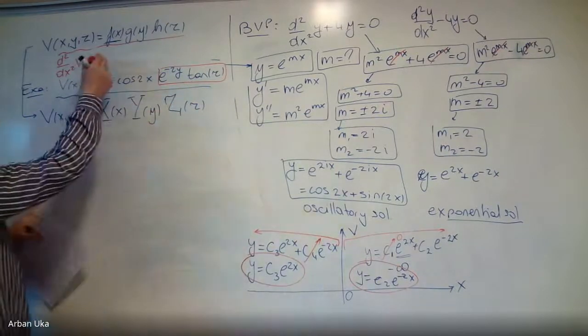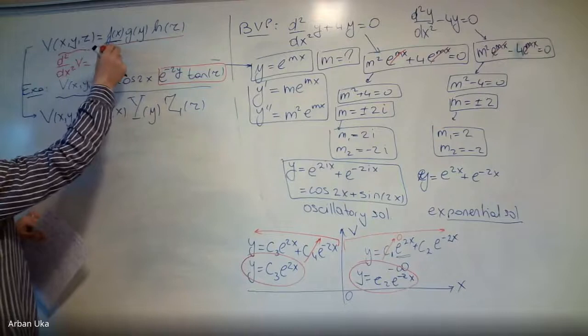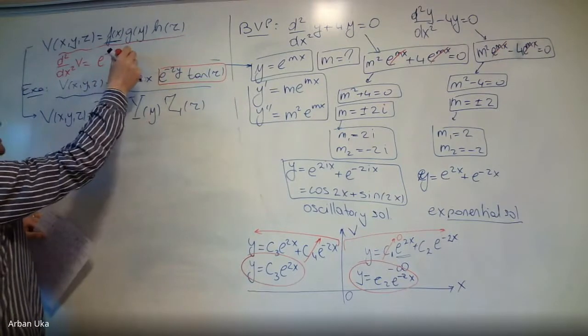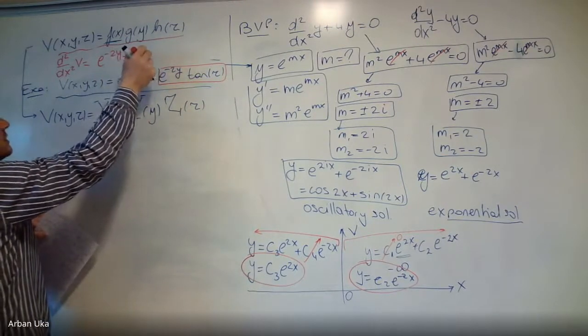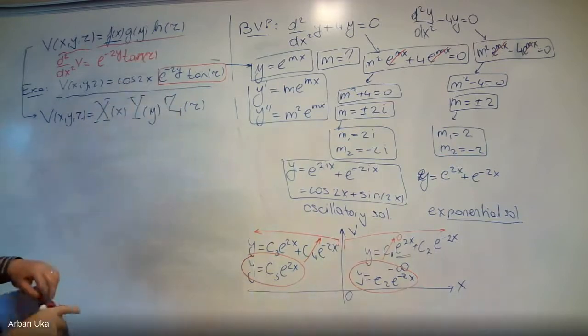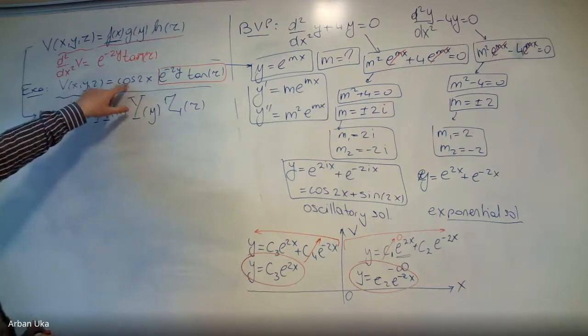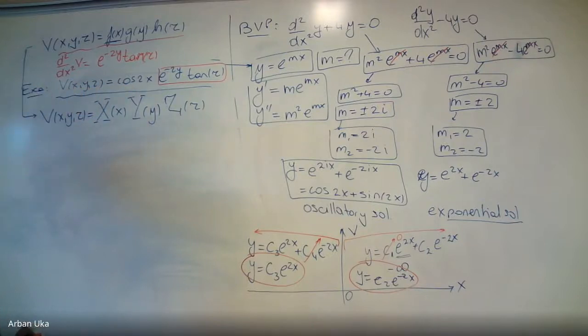So we get e to the power minus 2y tangent z, and then we take the second derivative of cosine 2x. What is the second derivative of cosine 2x? Who can answer this?